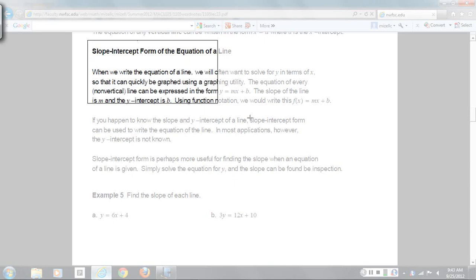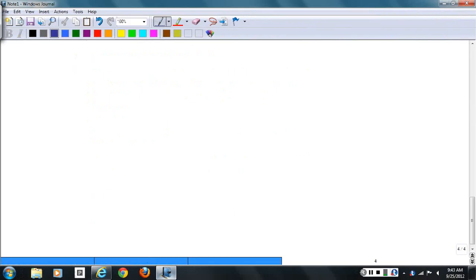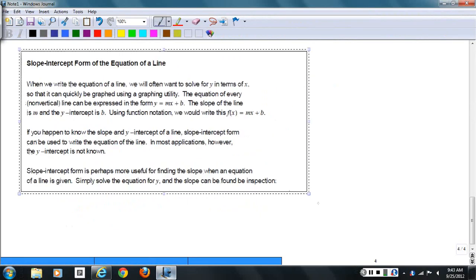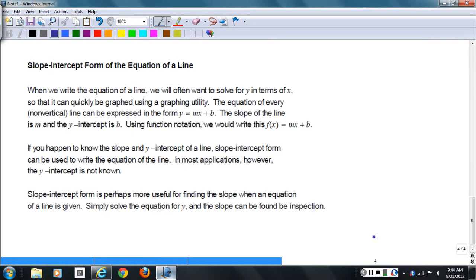If we're thinking about equations of lines, probably the most popular way to write an equation of a straight line is this one: slope-intercept form. Slope-intercept form is given right here, y equals mx plus b. We recognize this as the equation of a straight line because it has nothing but x terms, there's the x term there, y terms, there's a y term there, and a constant term.